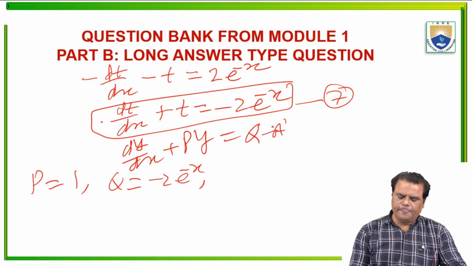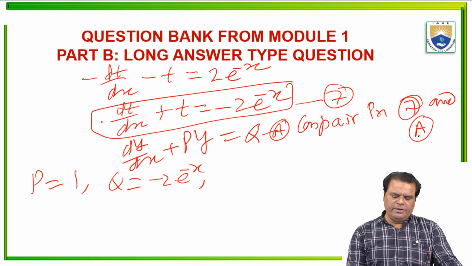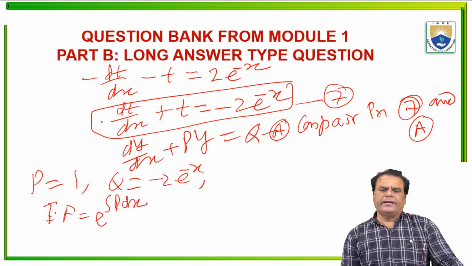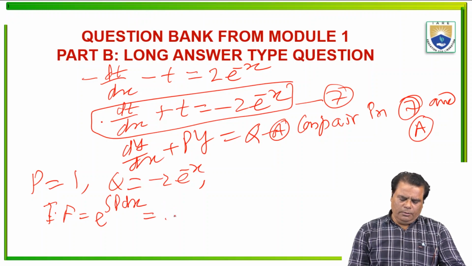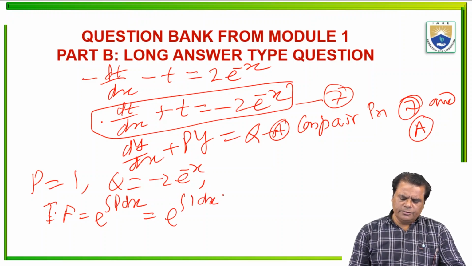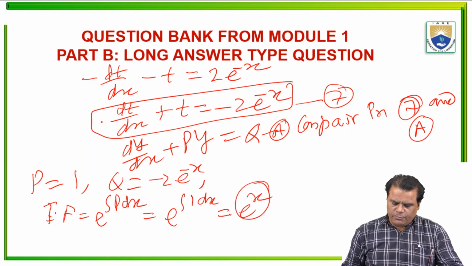Comparing this equation A, compare 7 and A, then we get P. Now IF, integrating factor, IF is e to the power integral of P. What is P? P is 1 here. So this is e to the power x. This is IF.